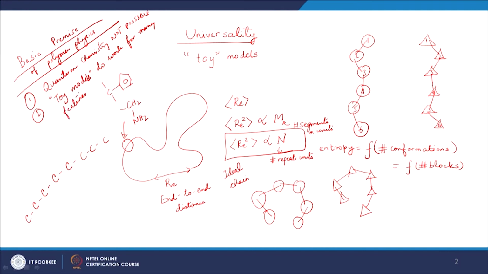Okay. So, there are two essential approaches that are typically followed while doing this. One approach is that we start looking at the polymer chain, the detailed chemistry. We try to build a representation that we call a toy model. Then we predict the behavior that we want to predict, and then finally we compare to experiments to see whether the same behavior is observed. Okay.